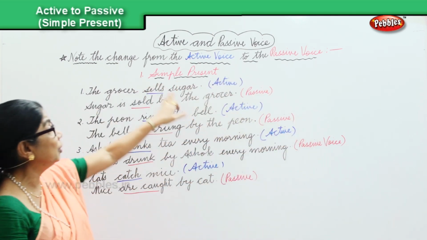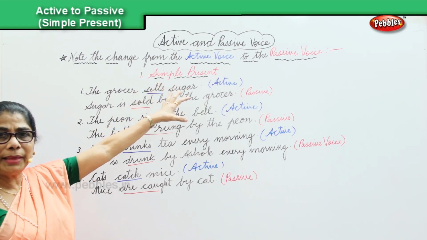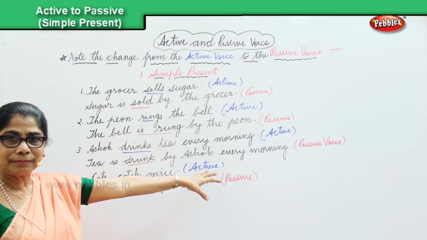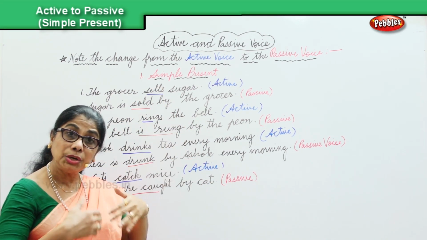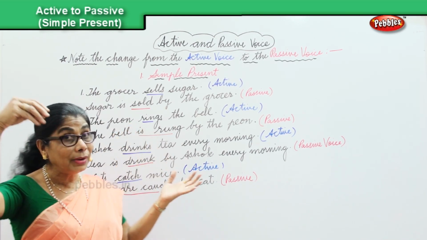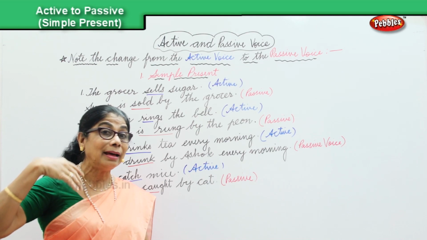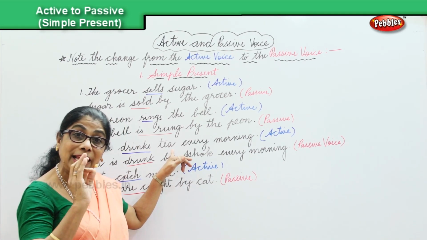Now, I am sure you know in the simple present how to change from the active to the passive. Okay? The grocer sells sugar. Sugar is sold by the grocer. The peon rings the bell. The bell is rung by the peon. Ashok drinks tea every morning.